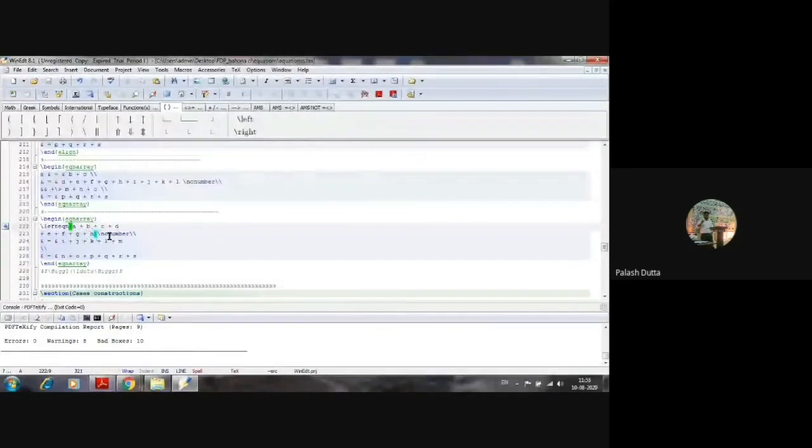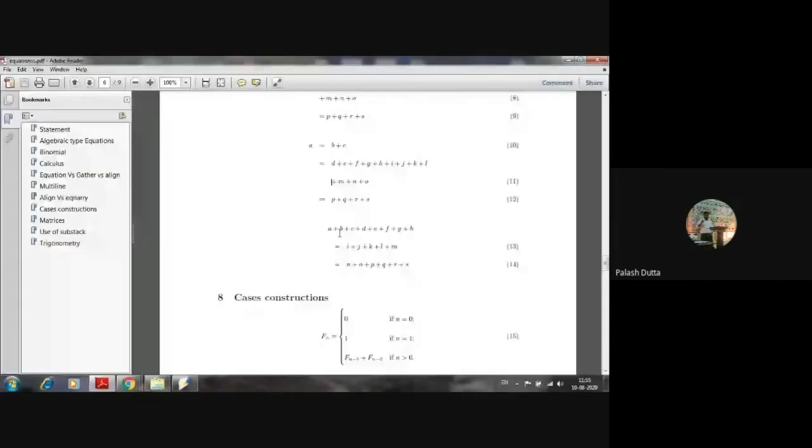We don't need a number in that expression. Then we are writing n equal to n this much, and then in the next line it is this much, right? And it produces this expression. Here we used no number. That's why no number is there.